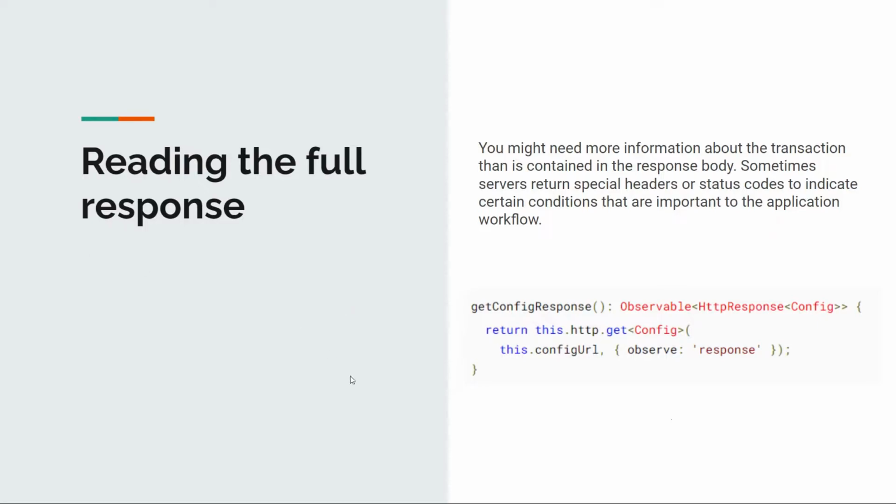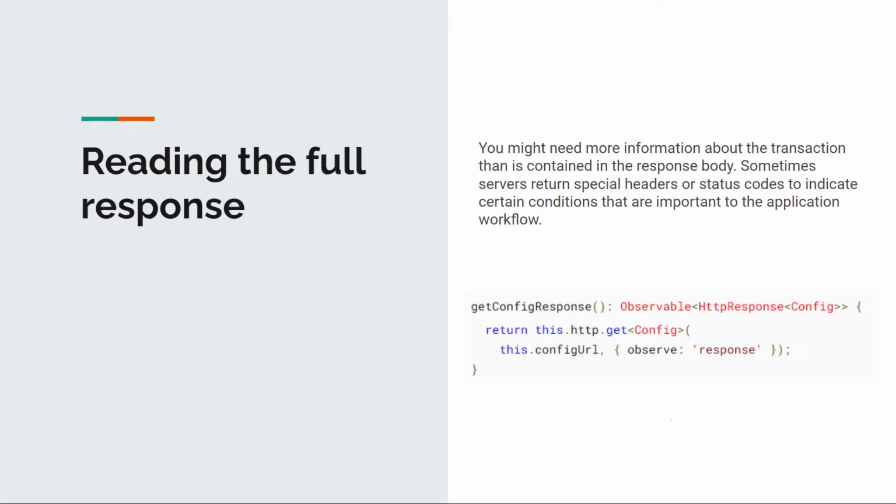For that, in the options object which we pass to our get call, you have to mention the observe property as response. By default, it is body, but here we have to mention it as response.